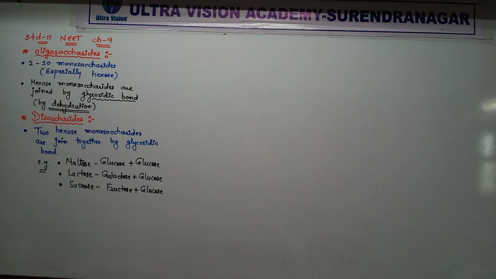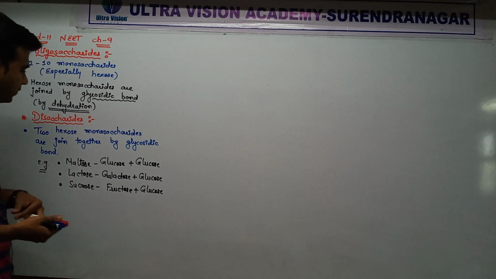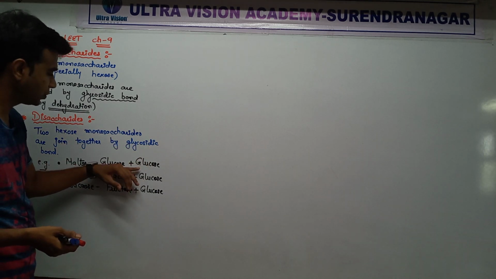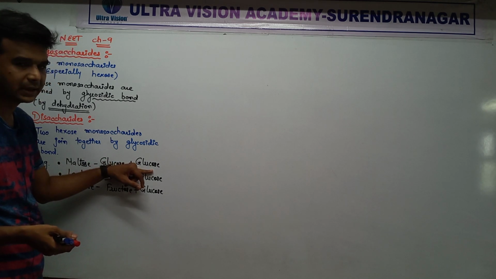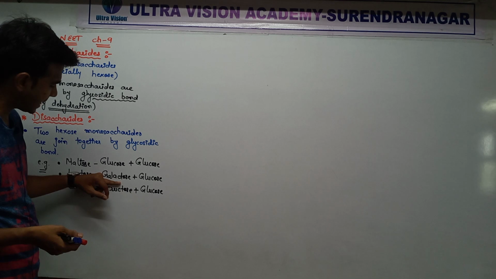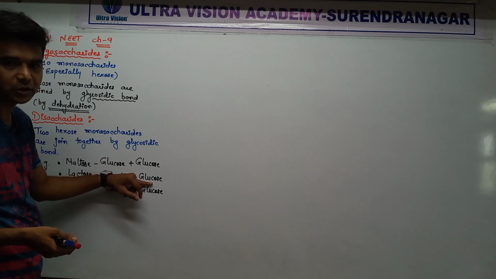Okay, so maltose means what? Glucose plus glucose. Two glucose molecules are joined together. Fine. Glucose and galactose are joined together. So here a 1-4 glycosidic bond: first carbon of the glucose sugar and fourth carbon of the glucose; first carbon of the galactose and fourth carbon of the glucose.